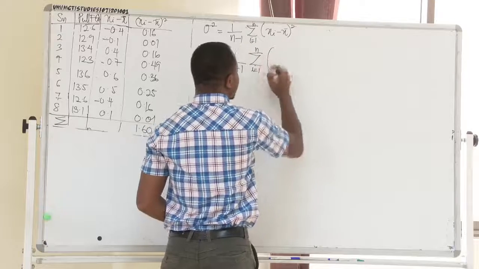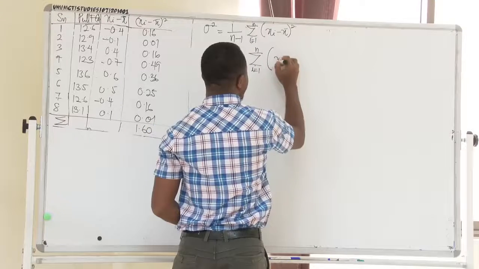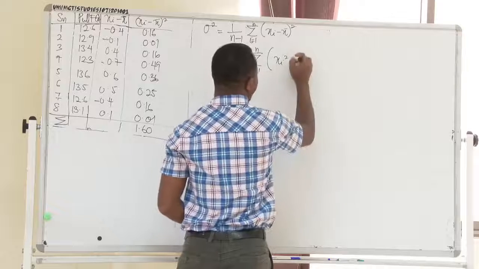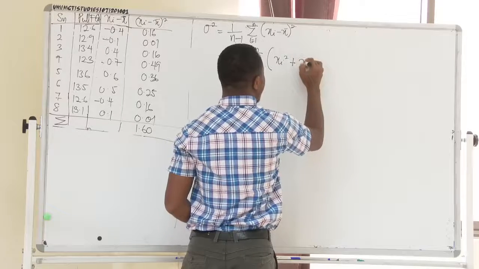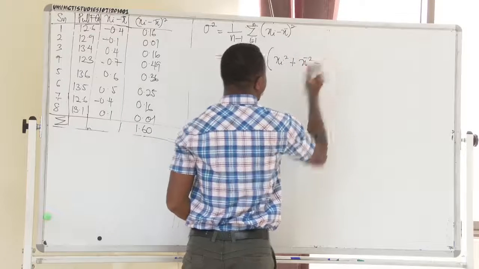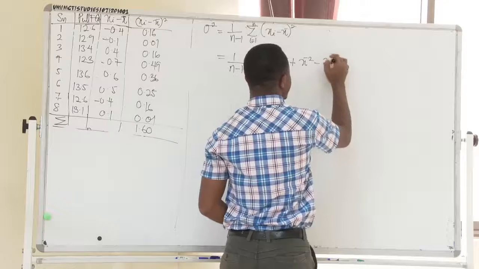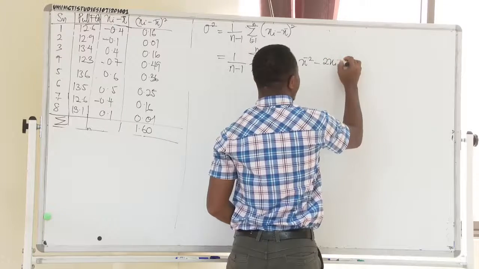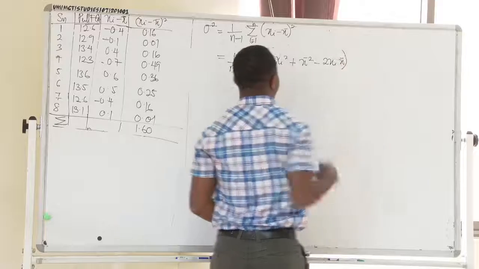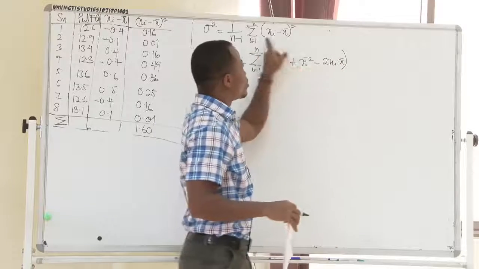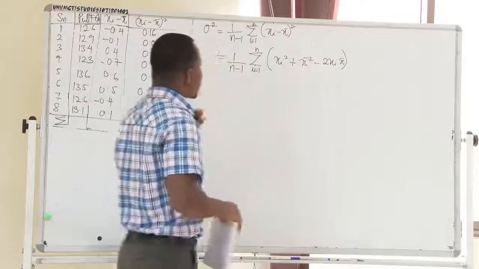In expanding, this will be equal to xi squared plus x bar squared, then minus 2 xi x bar. Okay? So this is the expansion of this term that we have right here.